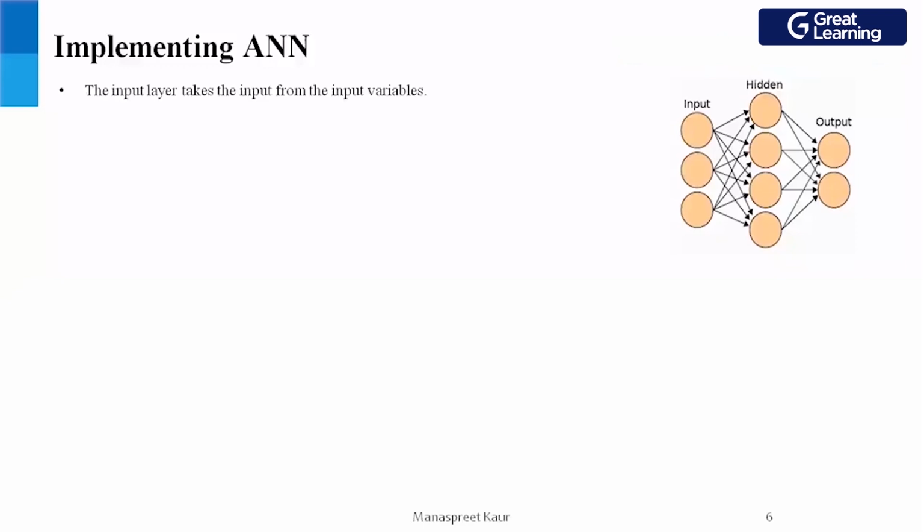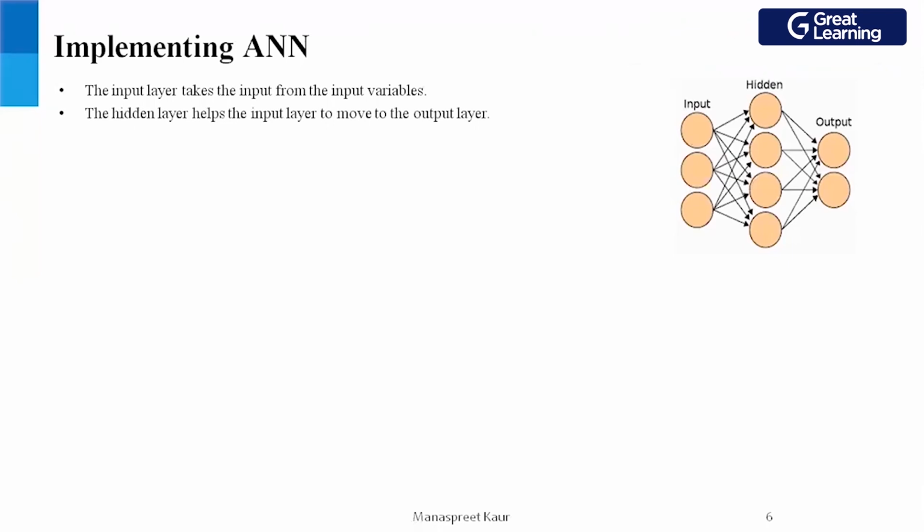So what happens here is that the input layer will take the input from the input variables. Say you have 3 variables here. Each neuron that you see in the input layer will have data from 1 variable each. The hidden layer will help the input layer to move to the output layer.